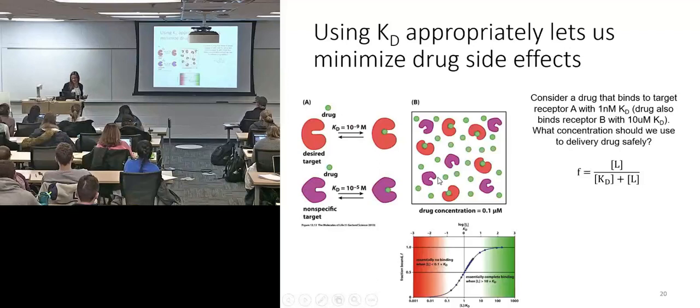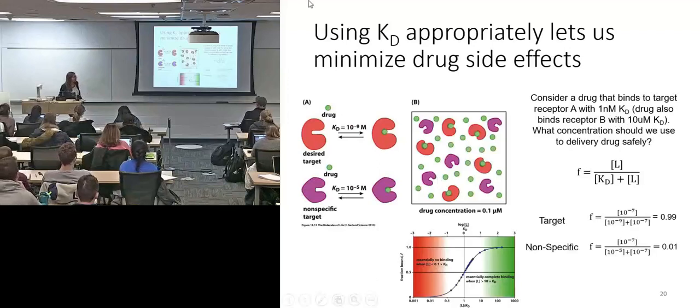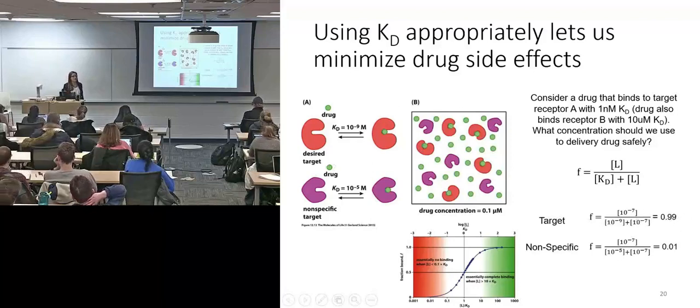Okay? And you can do the math for it. In the book, it talks about using 0.1 micromolar or 10 to the negative 7th molar, and what you'll see is that if you plug these numbers in, about 0.99 or 99% of receptor A will be bound, but only 1% of receptor B will be bound.